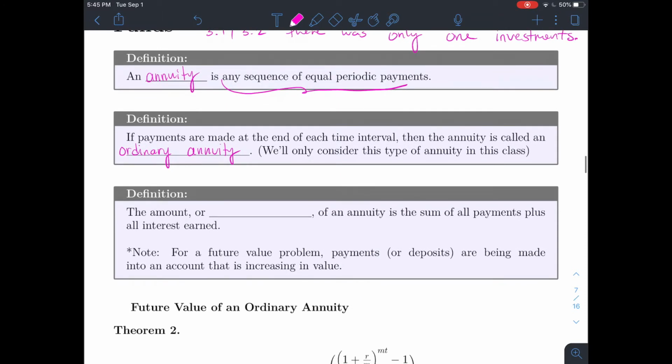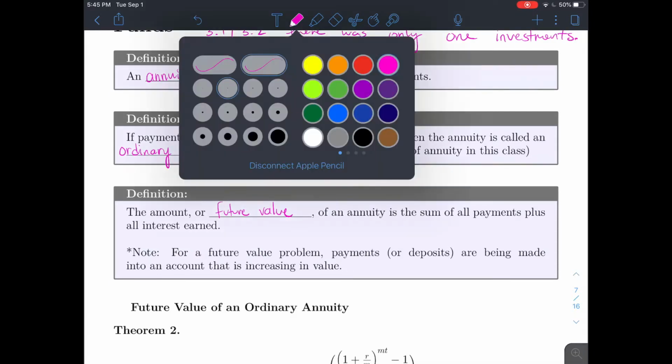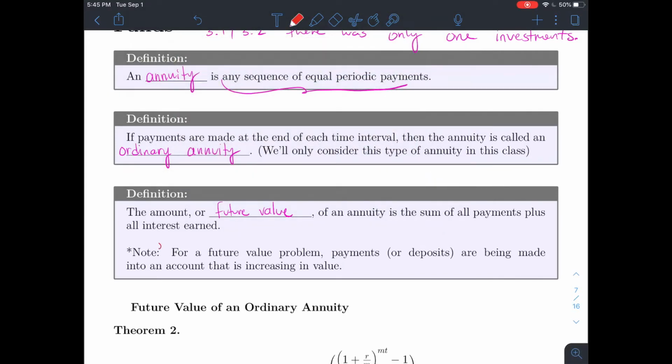Okay, another definition. The amount, or the future value of an annuity, is the sum of all payments plus all interest earned. Let's star this note. This is how we will determine if we have a future value problem versus 3.4, a present value problem.